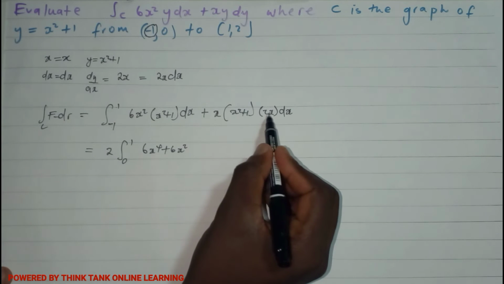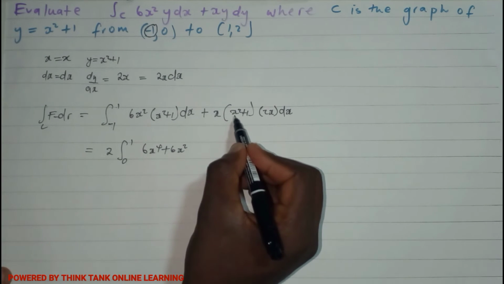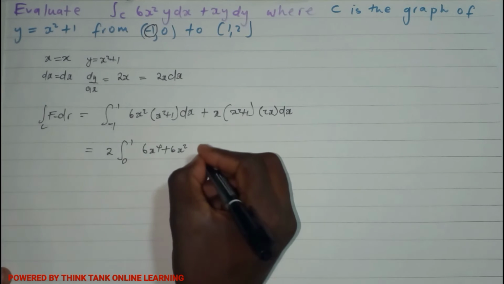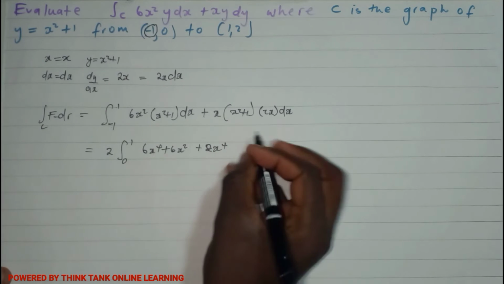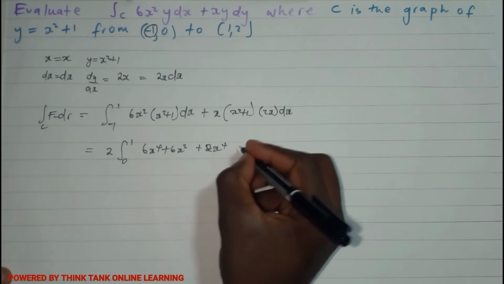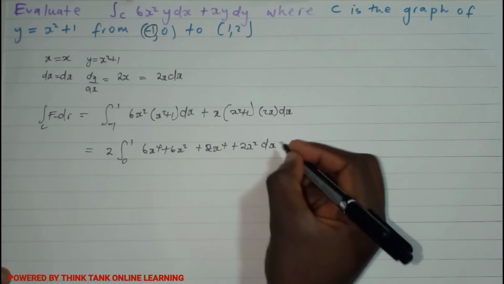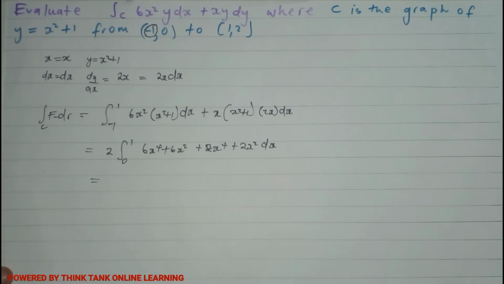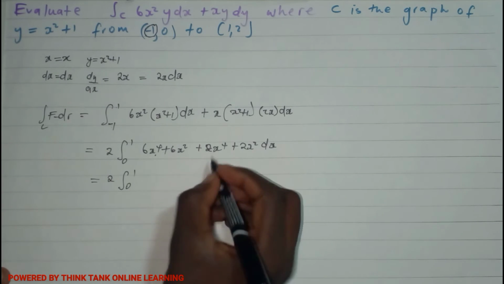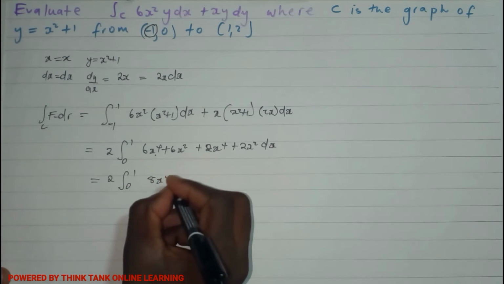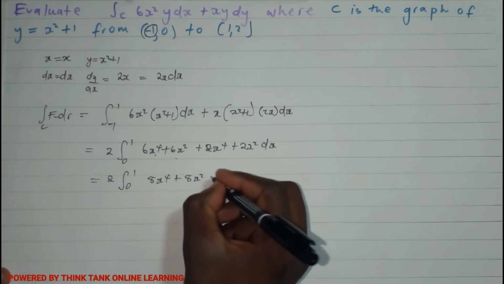We have 2x times x, that is 2x squared, times x squared, so we get 2x to the power 4, and 2x squared times 1, so plus 2x squared dx. Now we have like terms: we're going to get 8x to the power 4 and 8x squared dx.